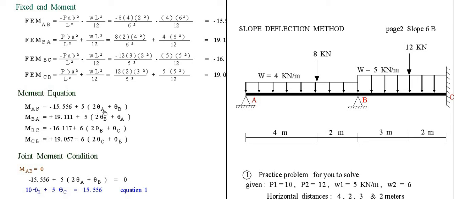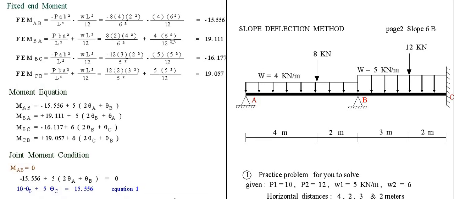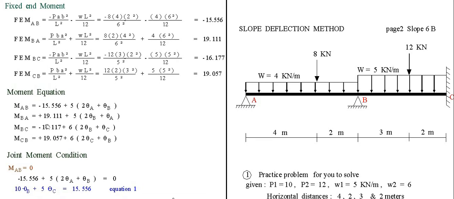Then 2 theta A plus theta B. Follow this order: A, then B. For BA, fixed end moment BA is 19.111 plus K of 5 times 2 theta B plus theta A. So follow this subscript, B first, then A.